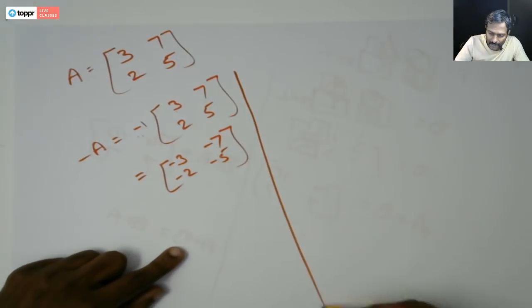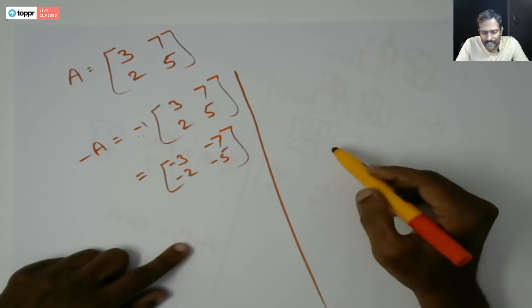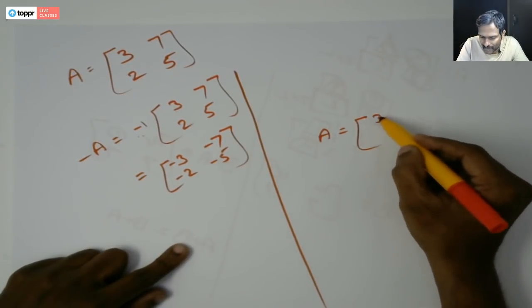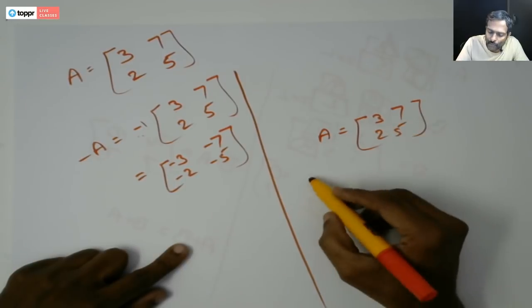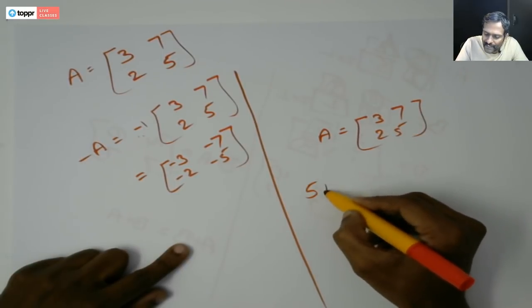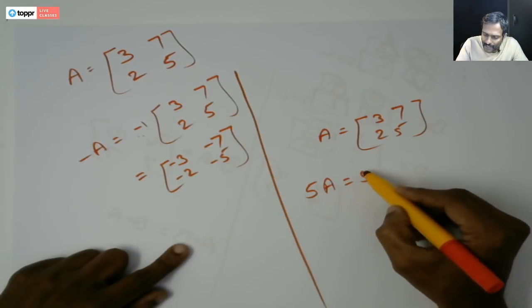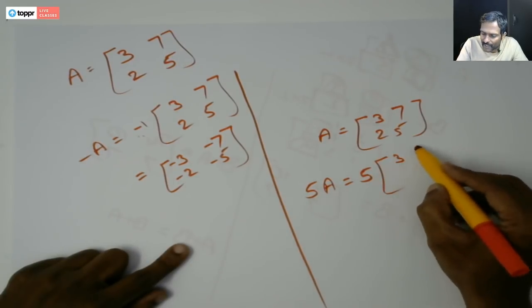At the same time, if I want to find a scalar multiple of a matrix, suppose I want to multiply the same matrix A, 3, 7, 2, 5, and find 5A. So I'm multiplying every element with 5.